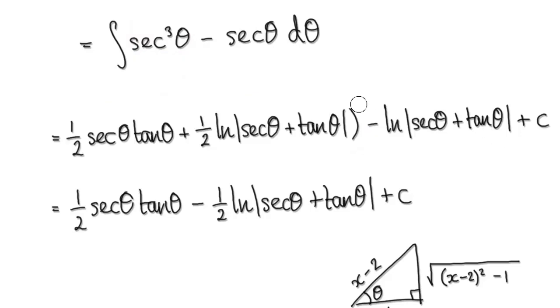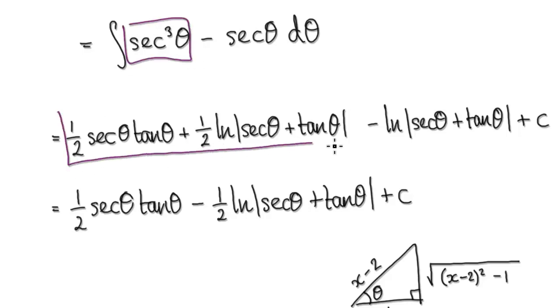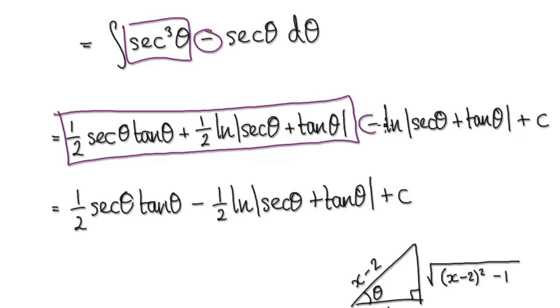Hang on, let me just erase this. Yeah. So now let me start again. If you integrate this, that will then give you this whole thing here. And then you've got your minus, and then if you integrate this, it will give you this whole thing here.